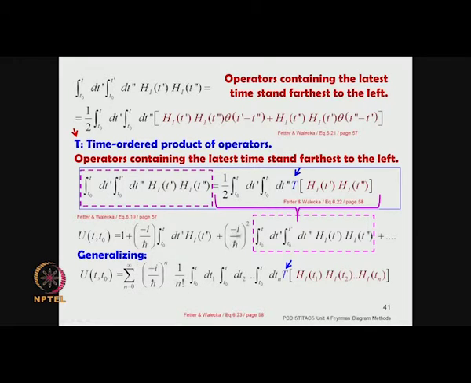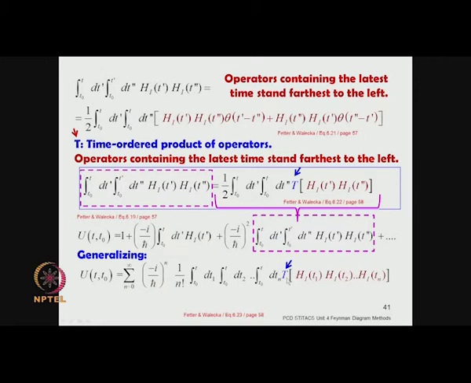Every time you have got this minus i over h cross, but now you will have minus i over h cross raised to the power n, right. So, you have that taken care of over here. You do have to keep track of the time ordering.